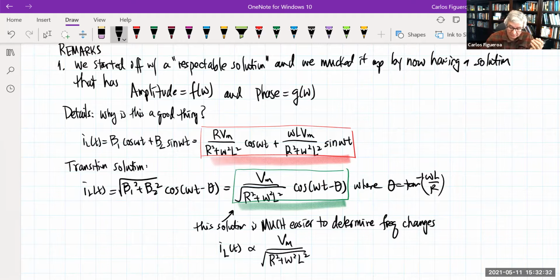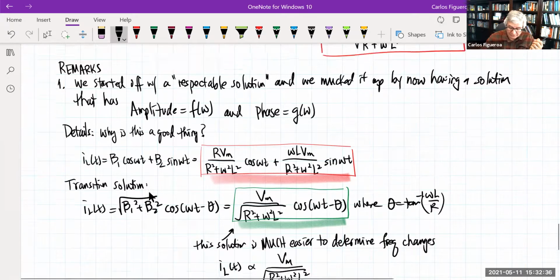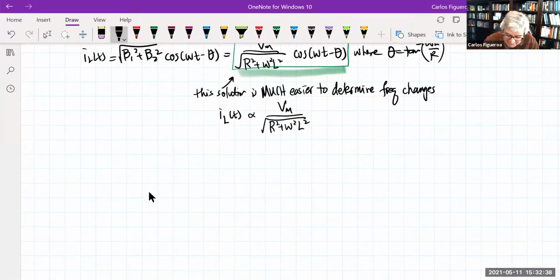So check this out. I don't know how much you remember from physics 4B here, but does this make sense? So let's say that we then plot iL of t versus omega. Let's look at what this plot looks like.